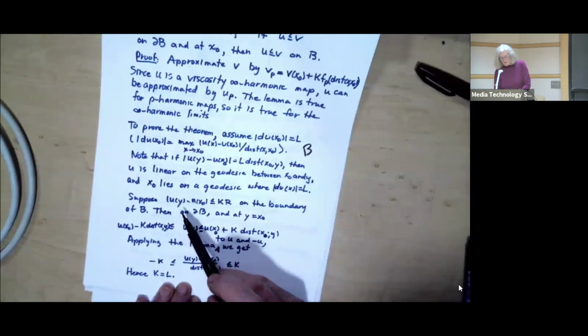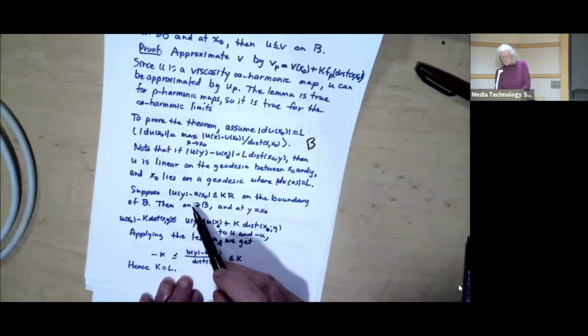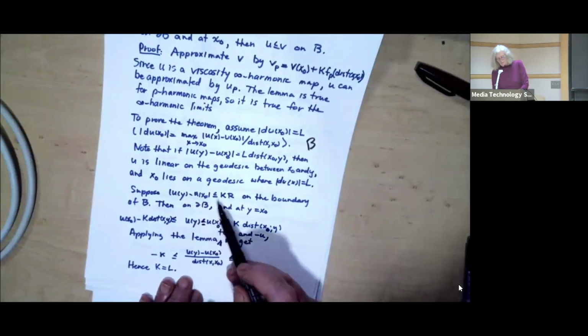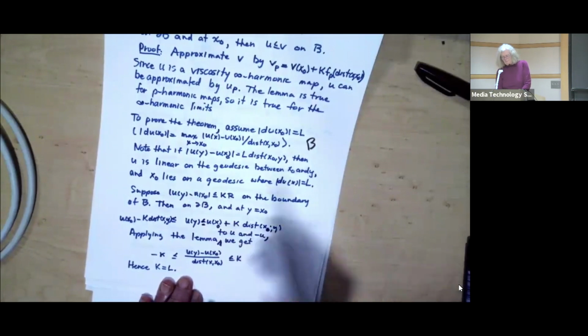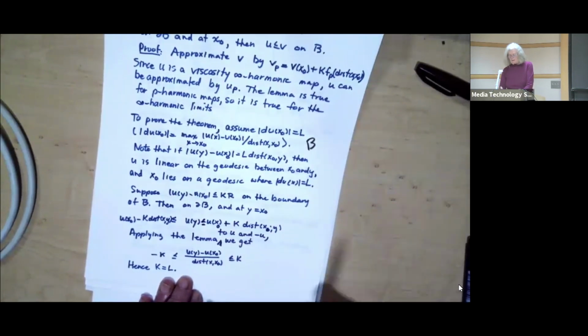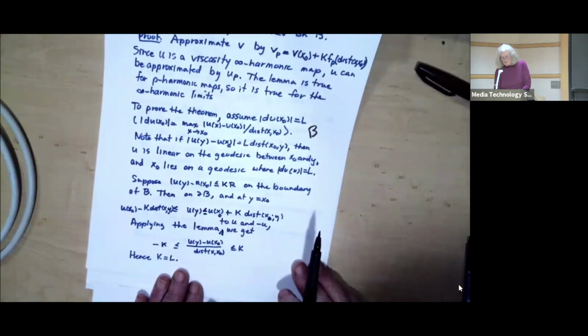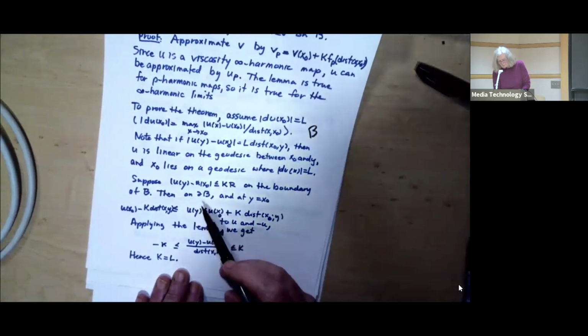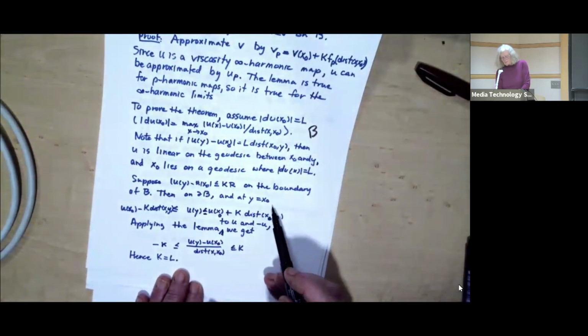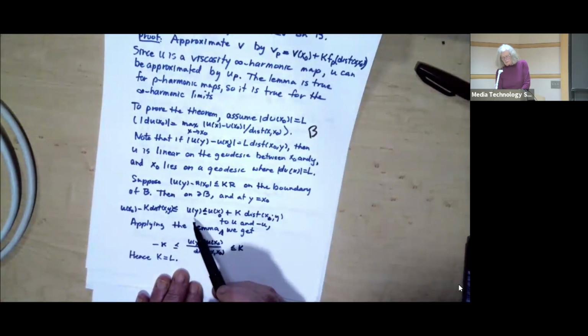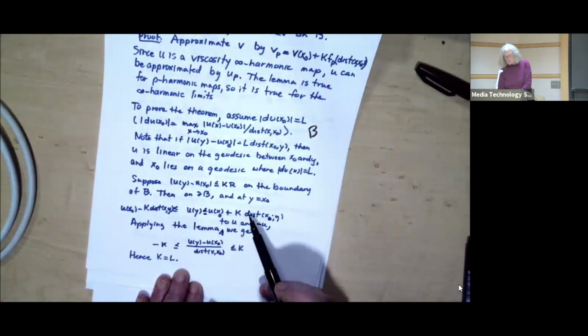And now, suppose this isn't true, that u of x minus u of x naught is less than or equal to k times the radius of the ball you're working on, on the boundary. Then, on the boundary and at y equals x naught, u of y lies between two cones.